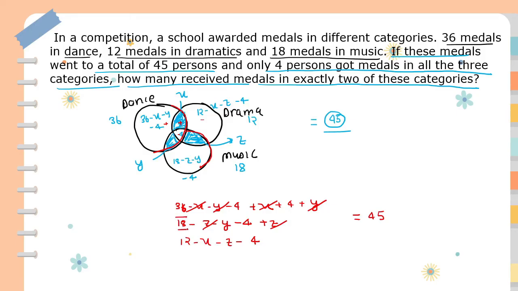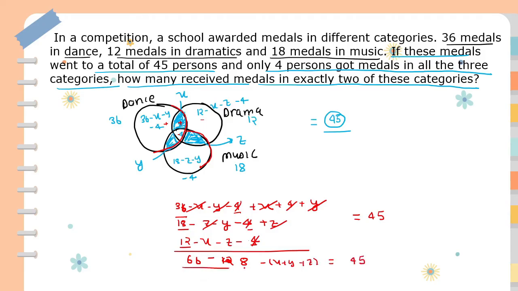So 36 and 18 will give 54, and 12, that is 66, minus 4 4 4, that is minus 12, and this 4 will balance this 4, so it will be equal to minus 8. So now we are done with 4, and minus x plus y plus z will be equal to 45.